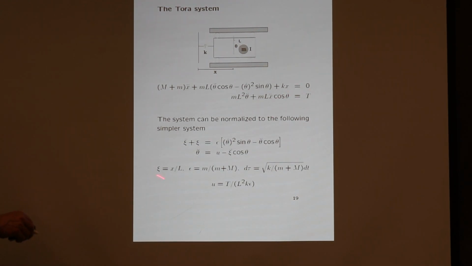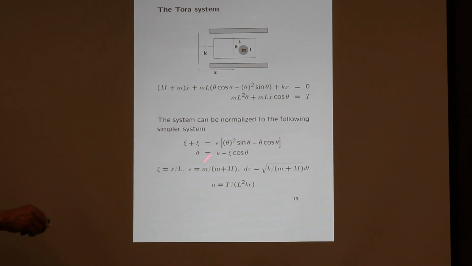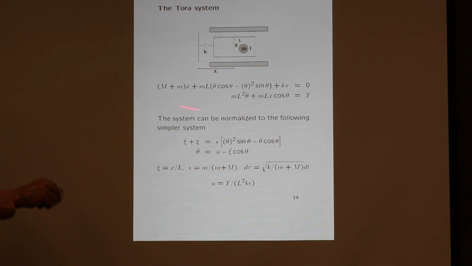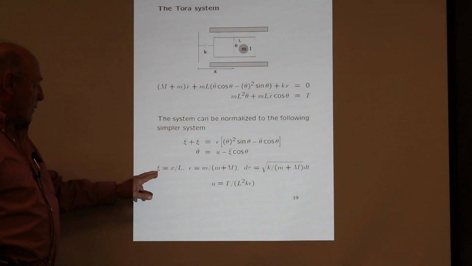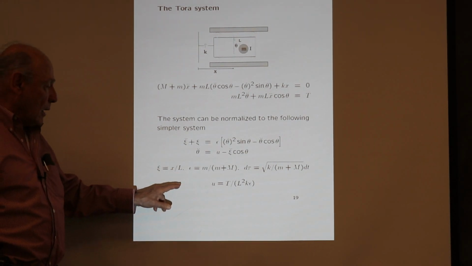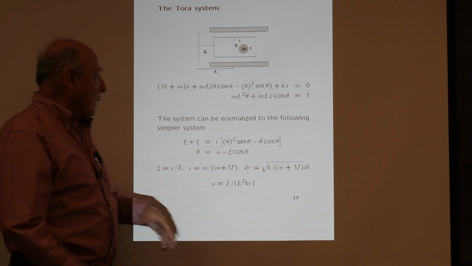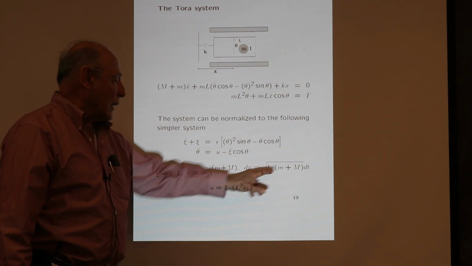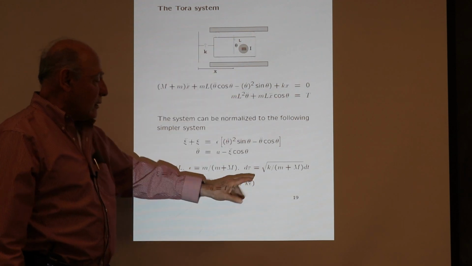You can just redefine your translational variable, redefine the time, redefine your control and put in a new parameter epsilon. This will be the same system but normalized in the sense that this variable c is a dimensionless displacement, and the time is taken in terms of the natural oscillation time of the spring and the masses.